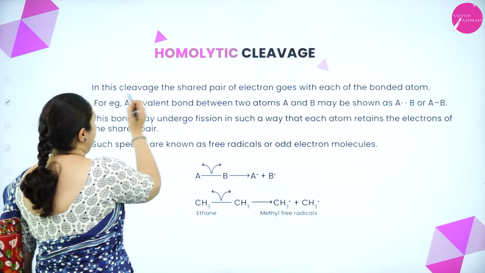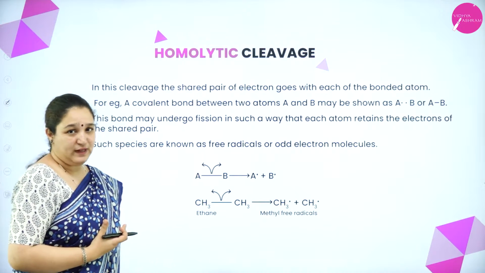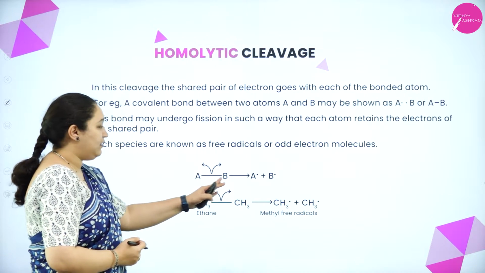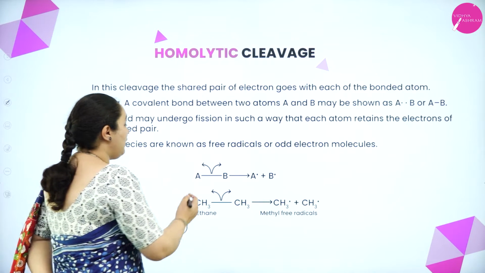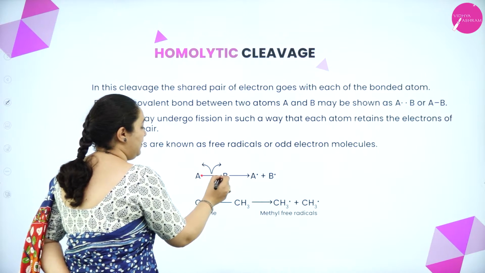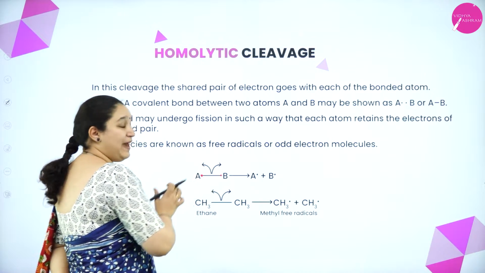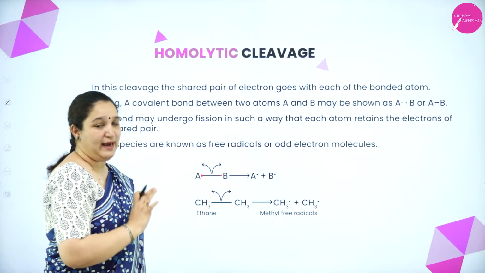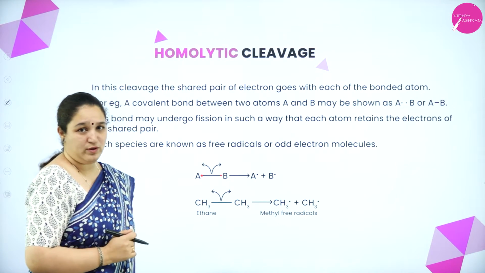Now, homolytic cleavage, what is the meaning of that? For example, I have taken AB. A has given an electron, B has given an electron, and this pair of electrons is shared between A and B, forming a covalent bond.